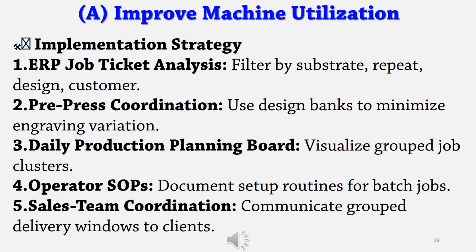Now let's discuss implementation strategy to improve machine utilization. ERP job ticket analysis, filter by substrate, repeat, design, customer, etc. So your ERP should have this facility, and you should do job ticket analysis by filtering substrate, repeats, designs, customer, and group various jobs.